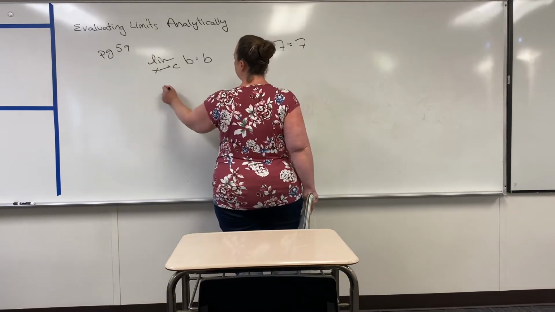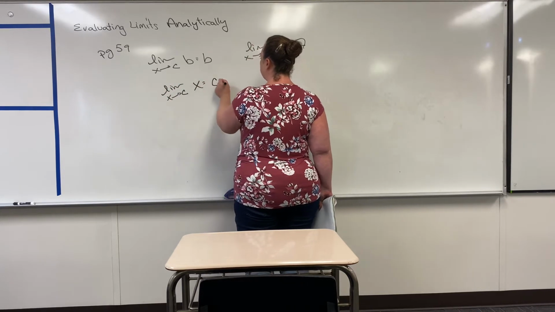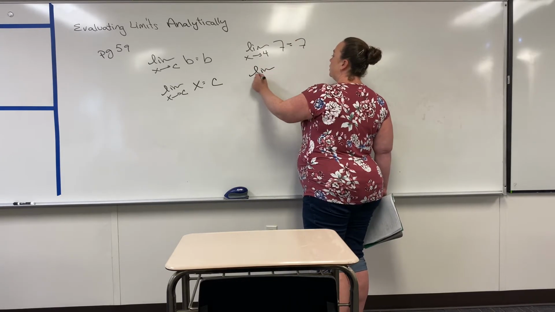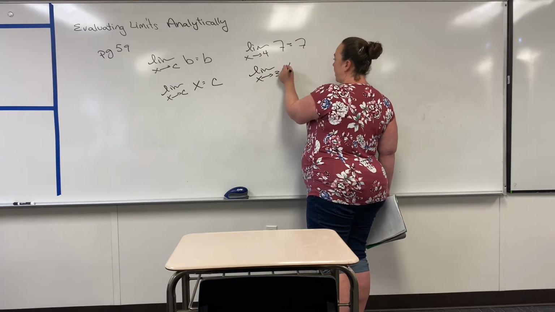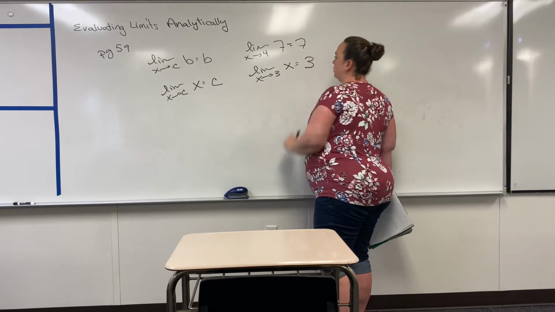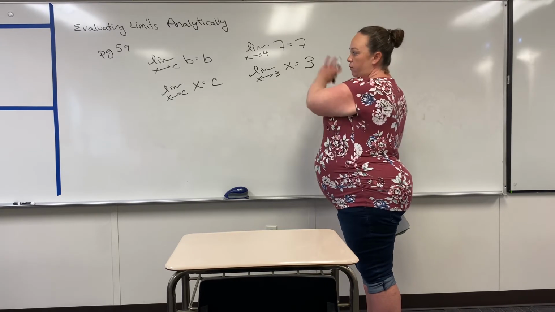Another one, limit as x approaches c of x equals c, fine. So if you've got the limit as x approaches 3 of x, you're plugging in 3 for x, you get 3. I cannot emphasize how much you need to not overthink this, okay?